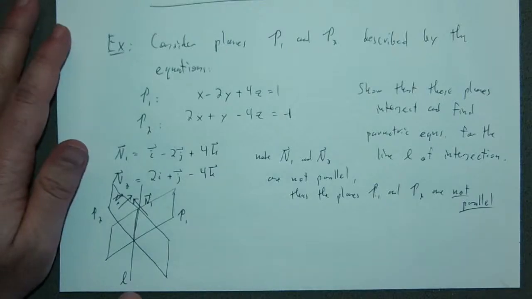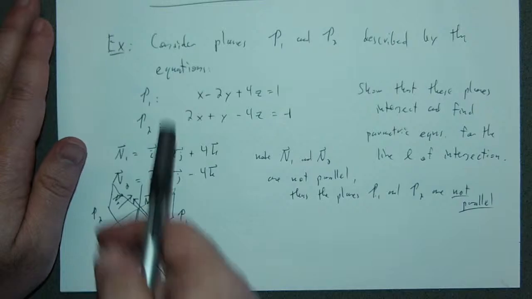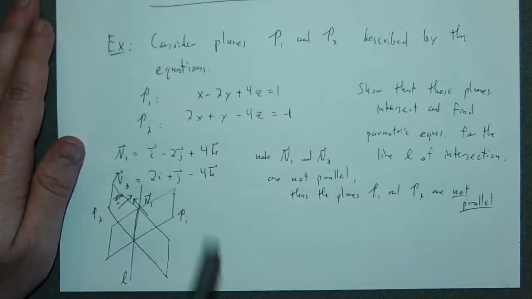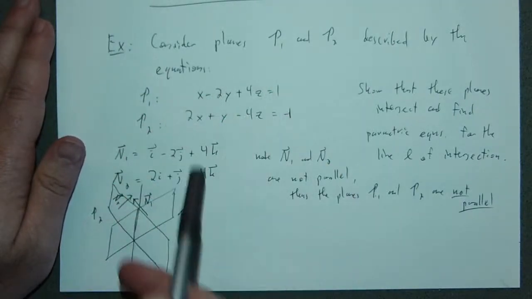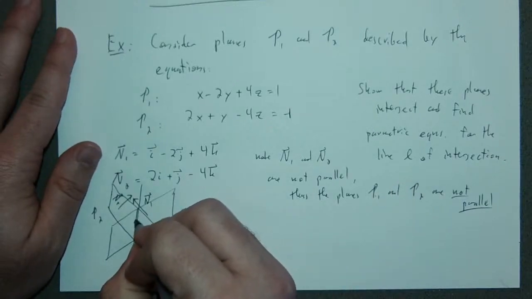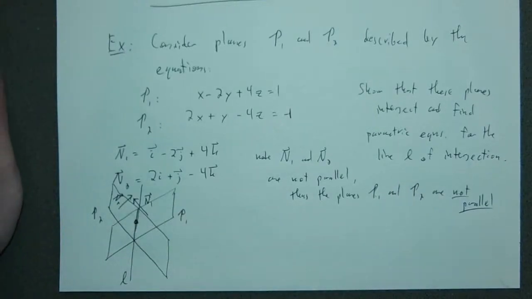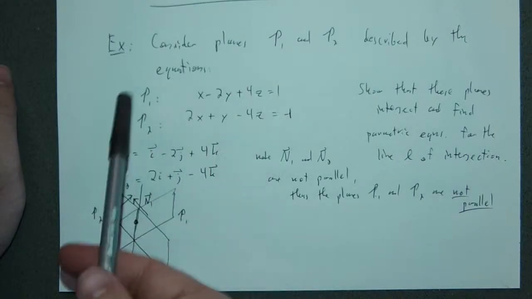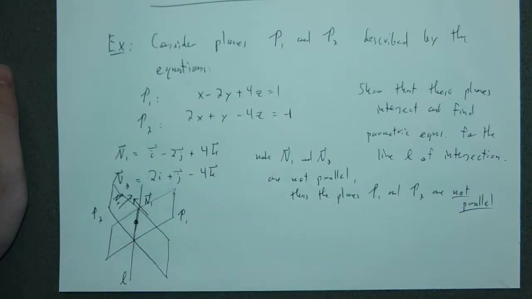Well, I need a point that is on this line. From this info, I have equations describing two planes. A point on this line L is going to be a point that is contained in both of the planes. So it's just going to be a point that is a simultaneous solution to these two equations in three unknowns. That's how I find my point.